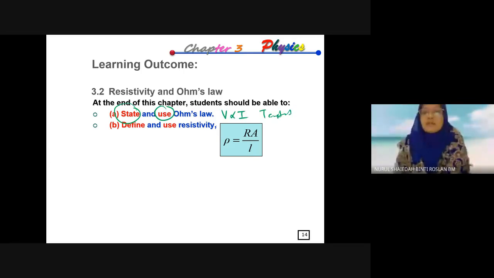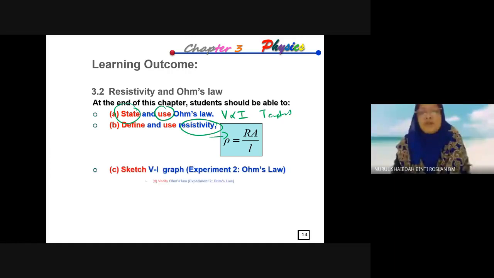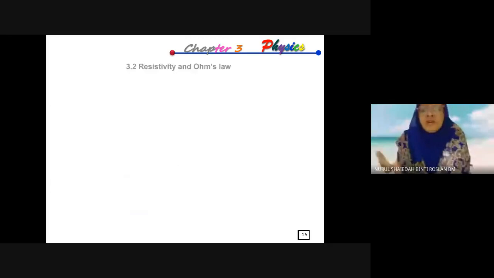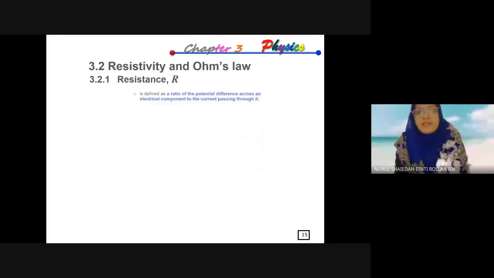Then you need to define resistivity using the formula rho equals RA over L. The sketch is in your experiment. Next, determine effective resistance in series and parallel, which is also in the experiment, so that is settled.